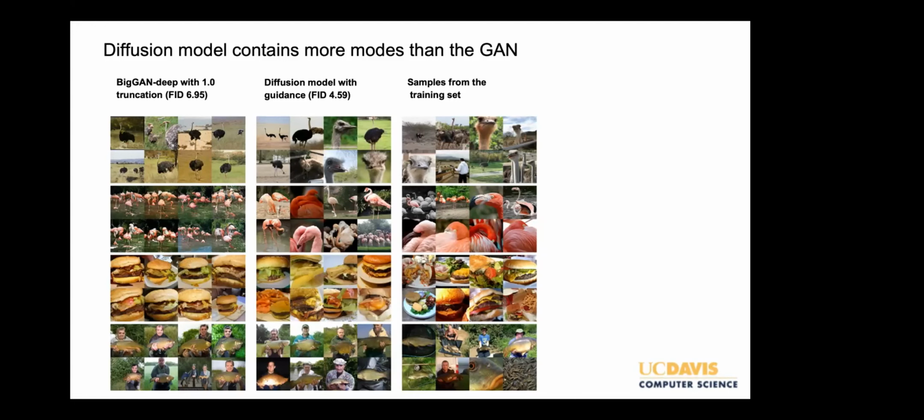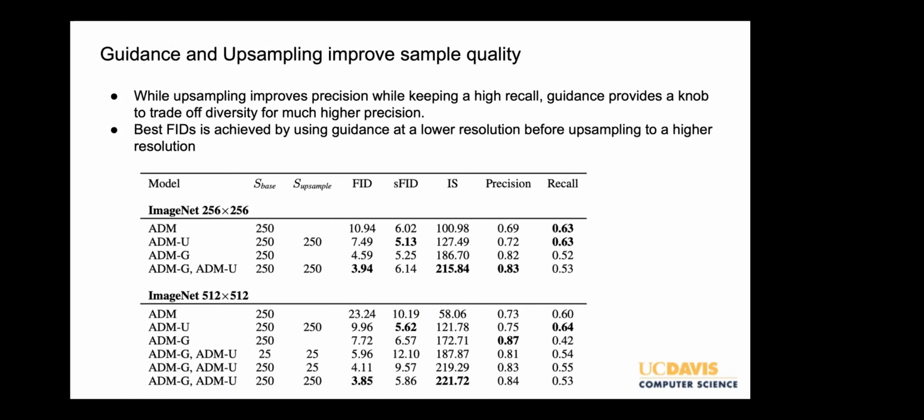The authors also evaluated the compute requirements of the model and showed that the models can achieve better sample quality when using the same amount of training compute. The authors also found that they can improve the sample quality by further combining the guidance with the upsampling stack.